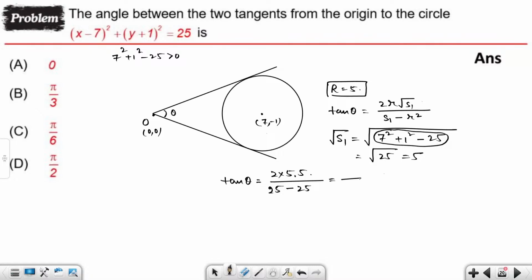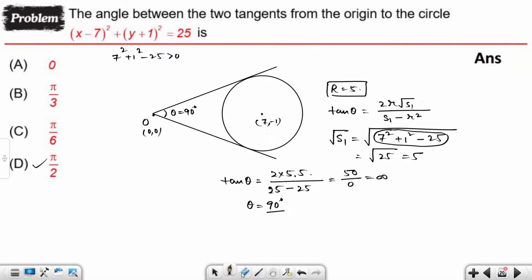So you can see that your denominator is coming to 0. So it is infinity. So tan theta is infinity. It implies theta is 90 degrees. So the angle between these two tangents is nothing but 90 degrees. Hence option D is correct.